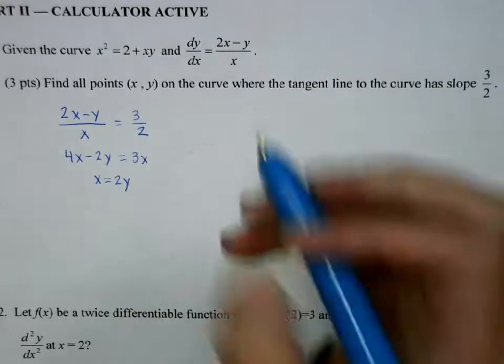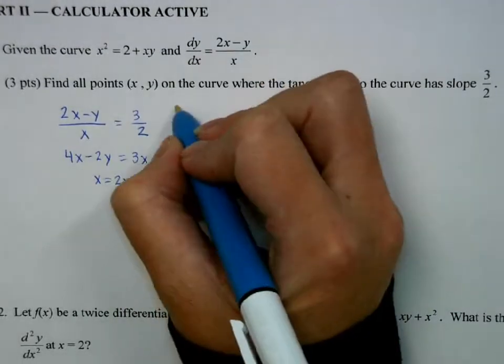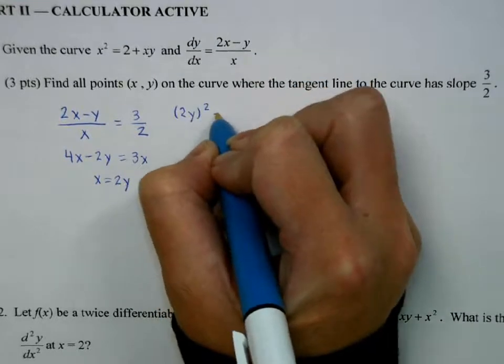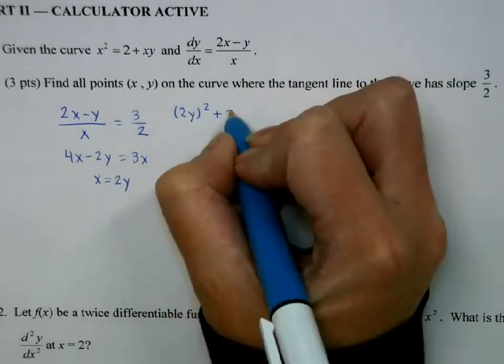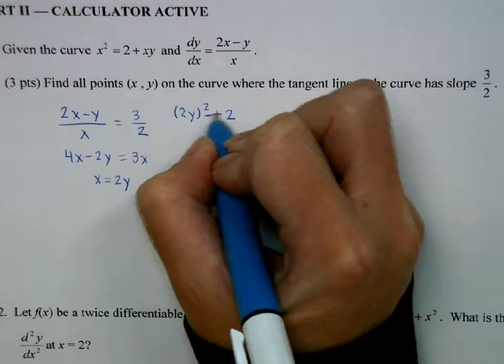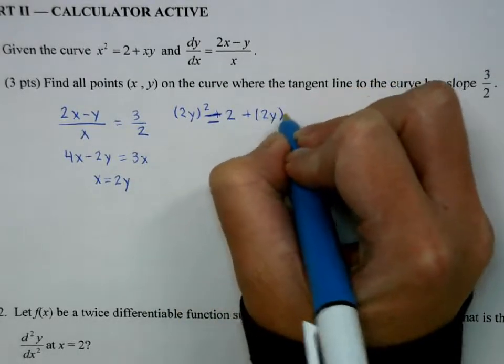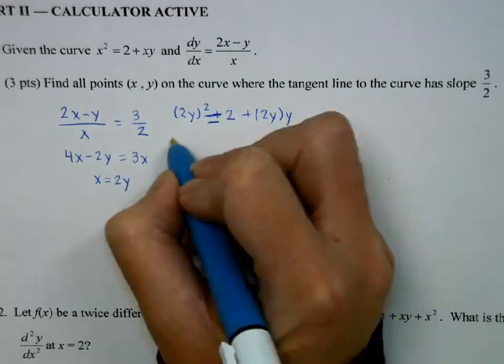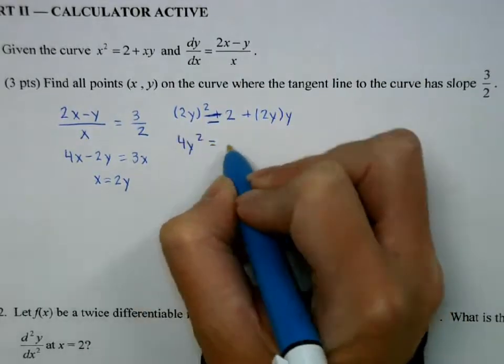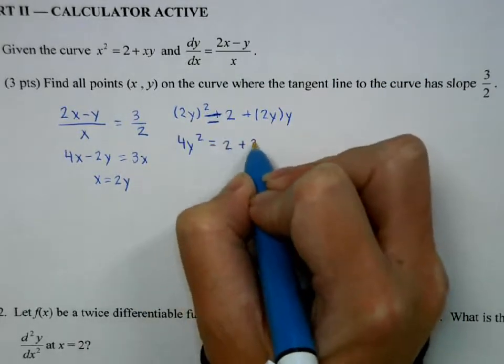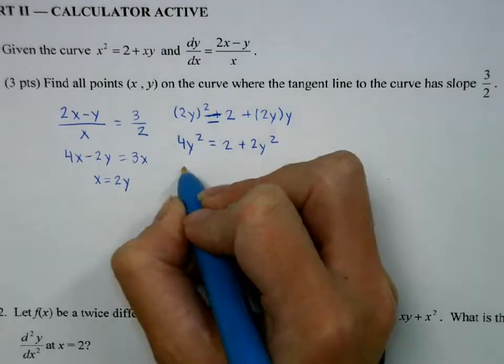So I'm going to take all my x's and replace them with 2y here. So we're going to have (2y) squared equals 2 plus 2y times y. So 4y squared equals 2 plus 2y squared.